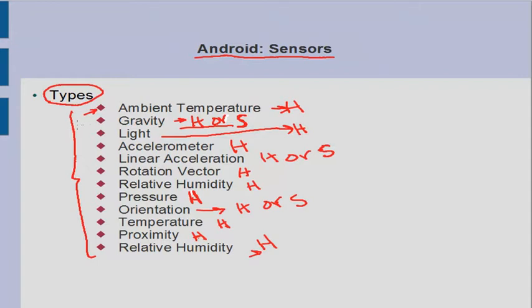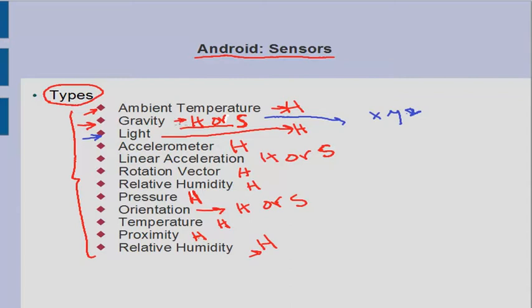This gravity sensor measures the force of gravity that is applied on the device in all the x, y, and z axes. The light sensor measures the light level, of course.